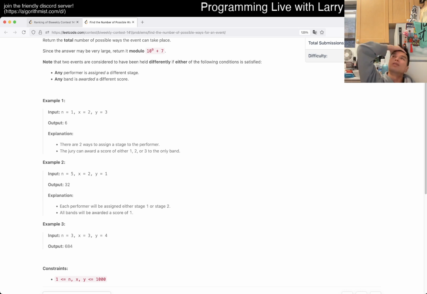number of ways to be in 2 groups, but it's distinct, right? So can I calculate that easier? Number of ways to be in 1. This is also a special case. How many ways are there to be in 1 group?